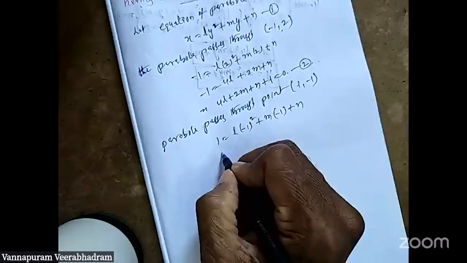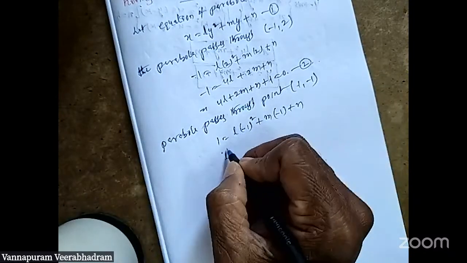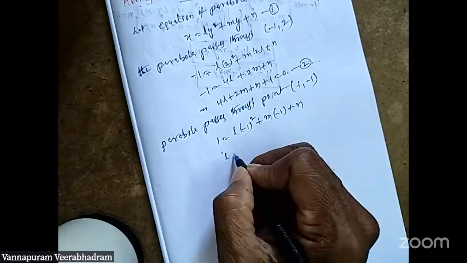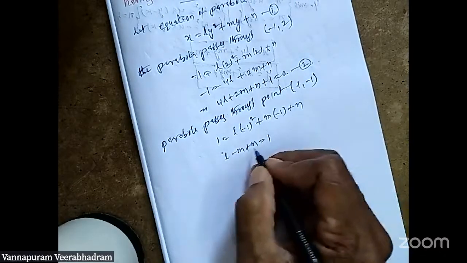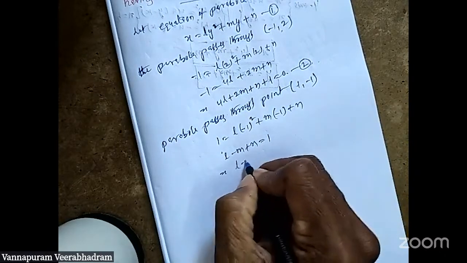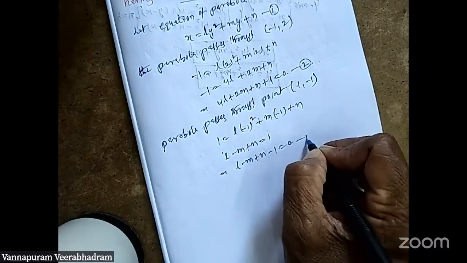Simplifying, minus 1 squared is 1, so L, m into minus 1 is minus m, plus n, equals 1. Now take all terms to one side: L minus m plus n minus 1 equal to 0. So this is equation 3.